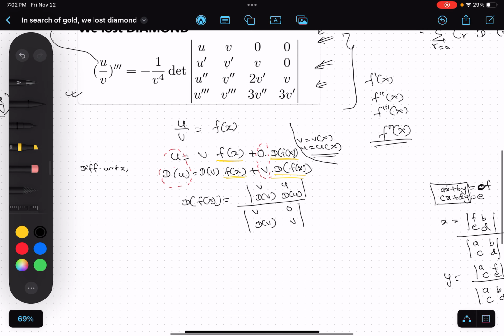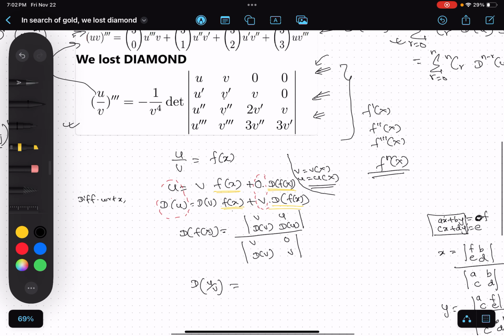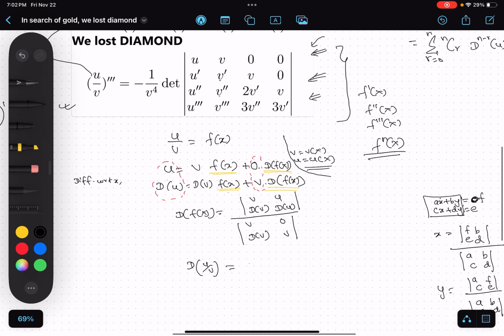Now we know that f of x is just u by v, so the derivative of u by v will be this thing. Notice that you typically want to write u in front of v and v at the back, so if we change that order, there will be a minus sign, -1, and the denominator is just v square, because there's 0 on this side, so v square minus 0 times dv is just v square. The negative sign is because we changed the order of the columns; if we swap the columns, there will be a negative sign in front.